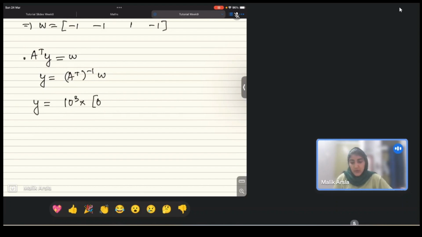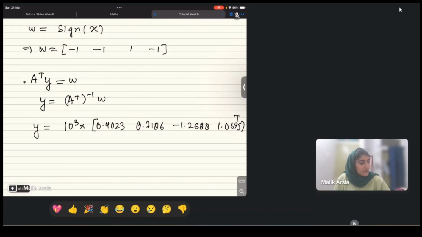It's coming out to be 10 to the power 3 into 0.4023, the second entry is 0.7186, third is minus 1.2688, and the last entry is 1.0695, transpose. Are these the correct values? Yes, ma'am.